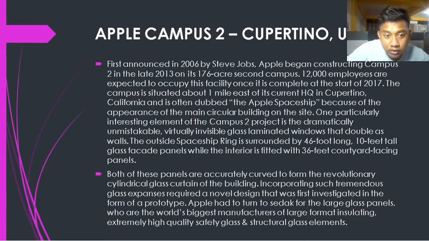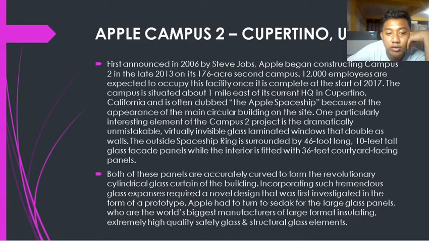So one particularly interesting element of the campus project is the dramatically unmistakable, virtually invisible laminated glass windows that double as walls. So the outside spaceship ring is surrounded by 46 feet long panels. Both these panels are accurately curved to form the revolutionary cylindrical glass coating of the building.